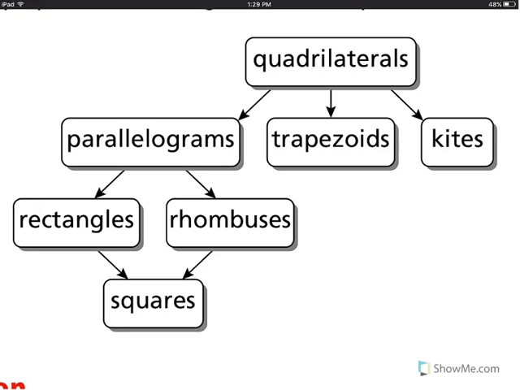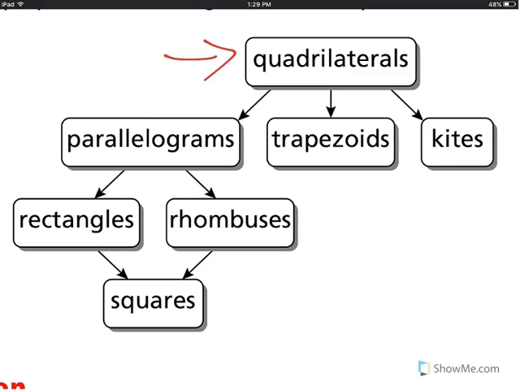And I saw this chart and I thought it was great. It had it all just laid out for you. So when you have a four-sided figure, it starts off as a quadrilateral, and as you come across different characteristics, it falls underneath all these different categories.